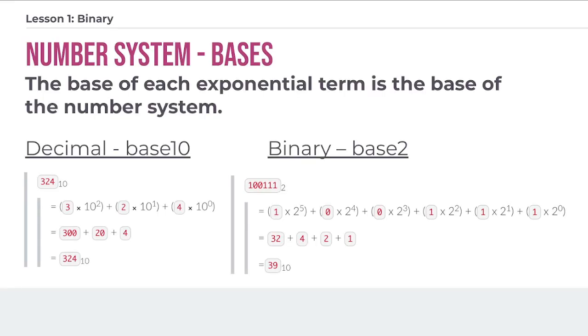The base of each exponential term is the base of that number system, right? So the base of the growth as we increased state space, and we said it was increasing exponentially by increasing powers of 10. So 10 to the first, 10 to the second, 10 to the third, right?